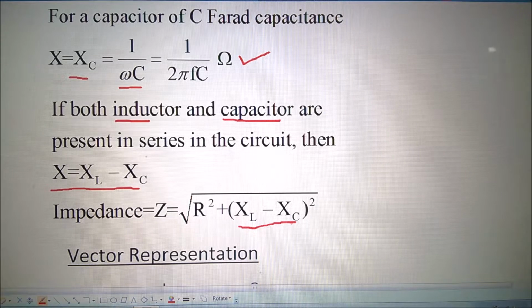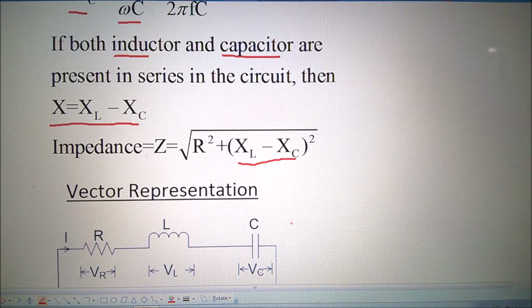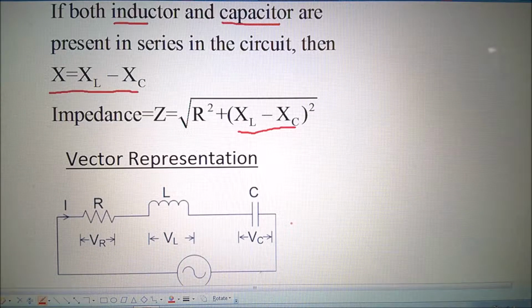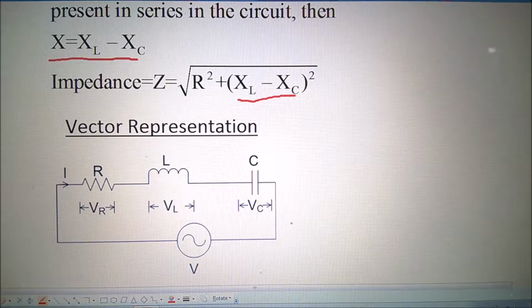Now another very important topic for AC circuit analysis is the vector representation of sinusoidal waveforms.